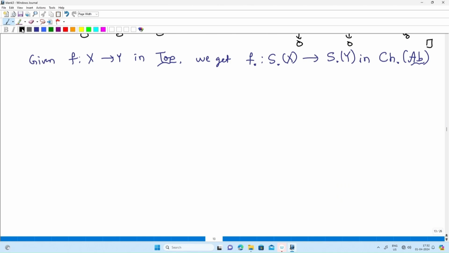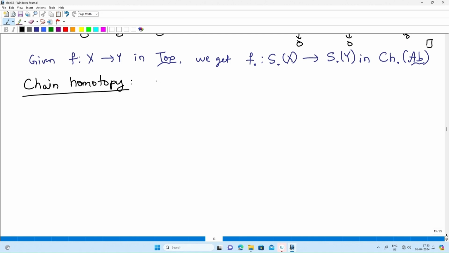So there is a concept of chain homotopy motivated from this notion of homotopy in algebraic topology. Okay, so what is chain homotopy?